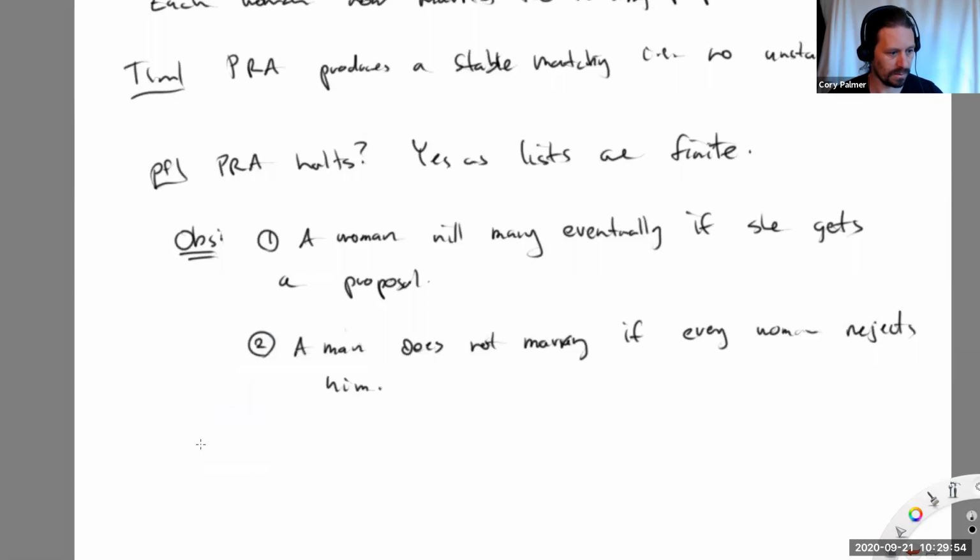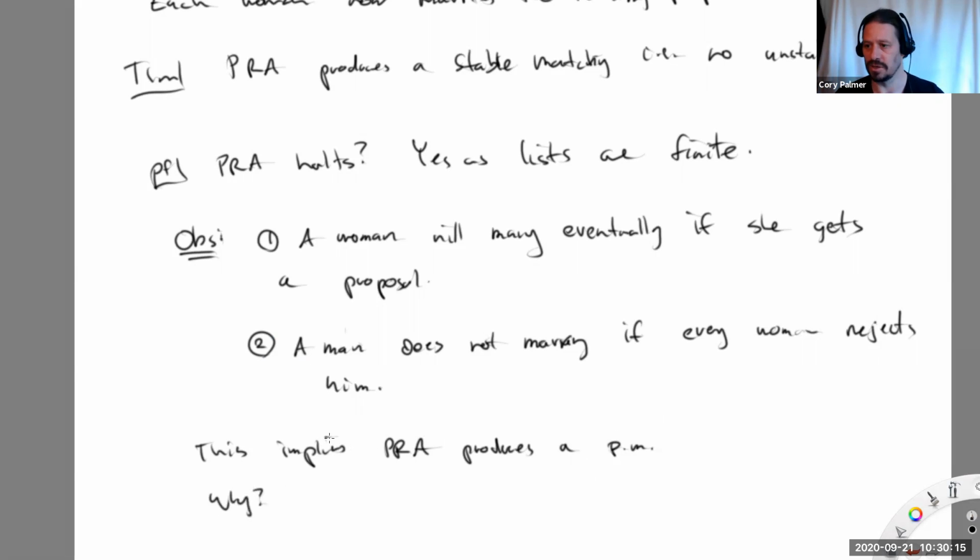This implies the propose and reject algorithm produces a perfect matching. I don't claim it's stable yet, that's the next step here, but it does at least marry everyone, okay? Why?